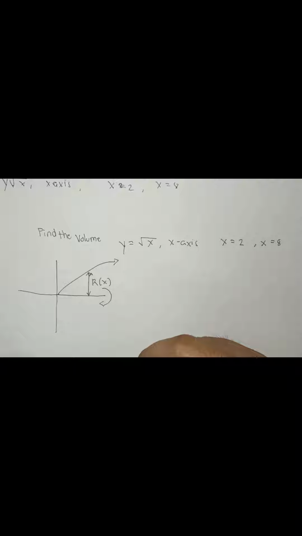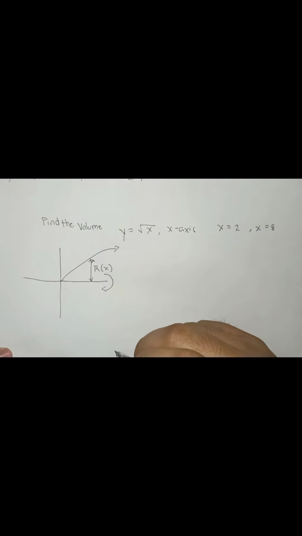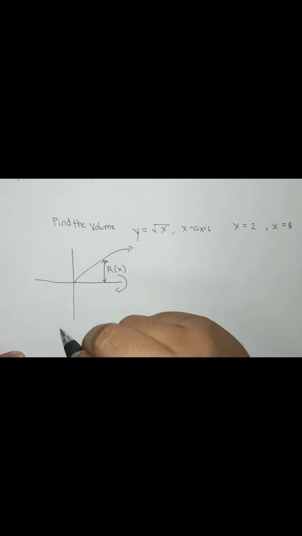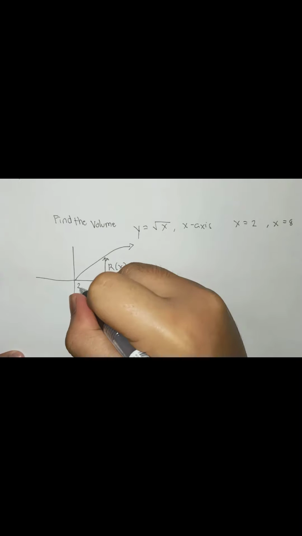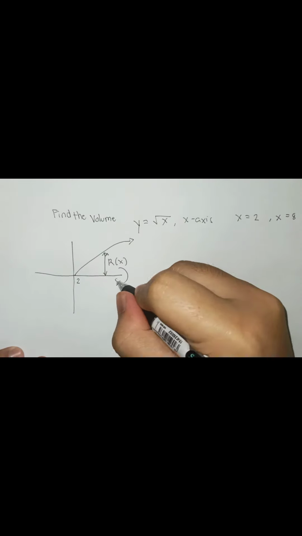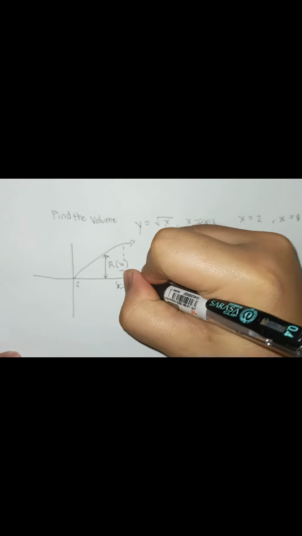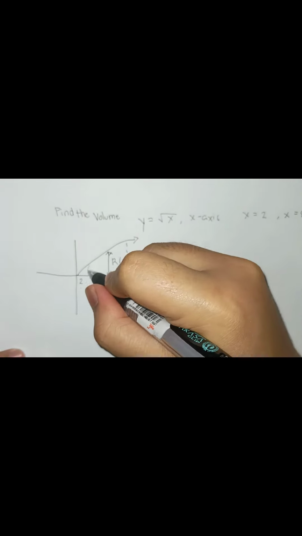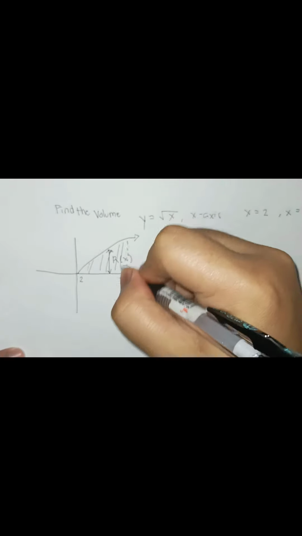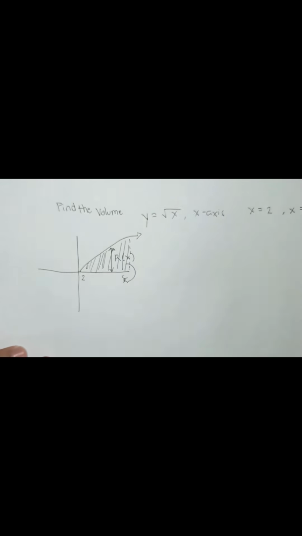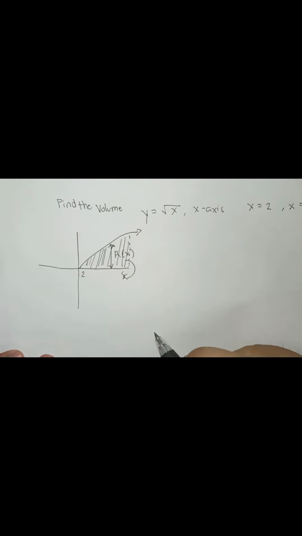And here in our given, the portion of our curve is between x equals 2 and x equals 8. So just write this as our region, what we're going to use in solving this.